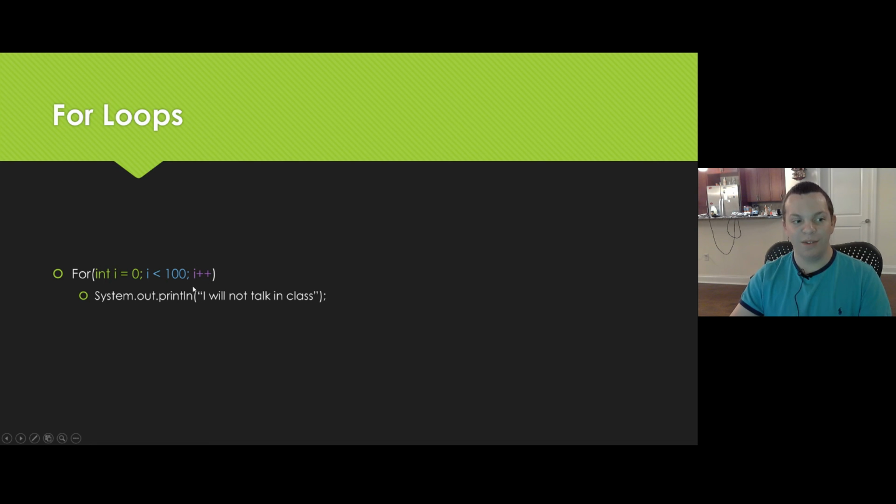So simply imagine the line above saying int i equals 0, and then after we do this print statement, we add 1 to i at the very end, and it'll be a loop which goes while i is less than 100.